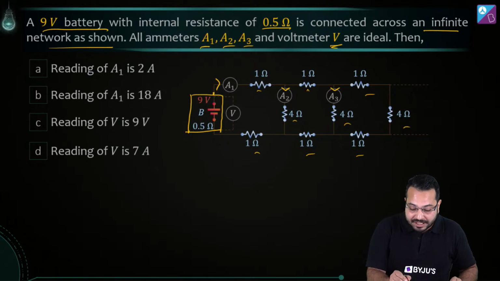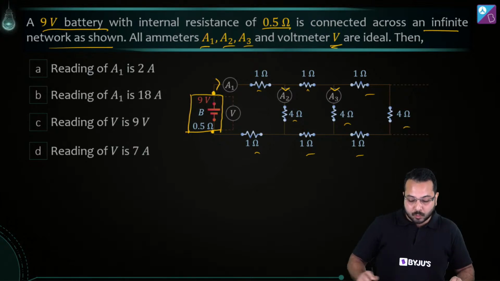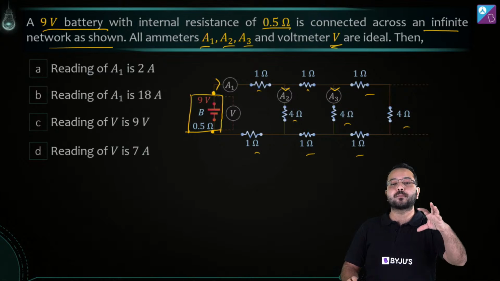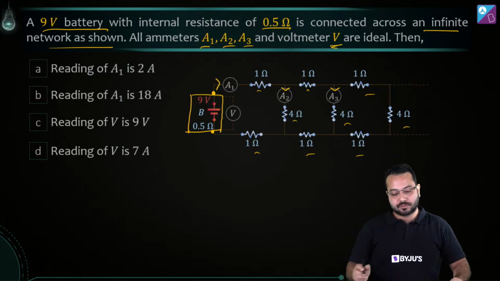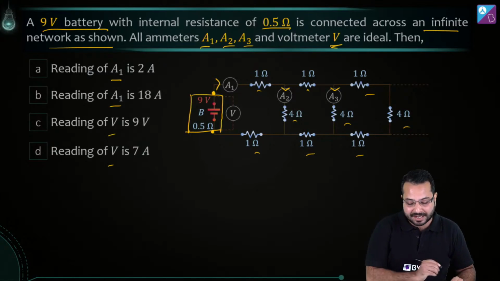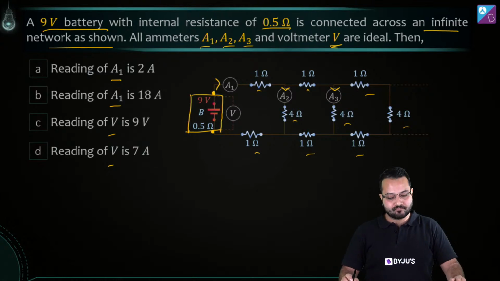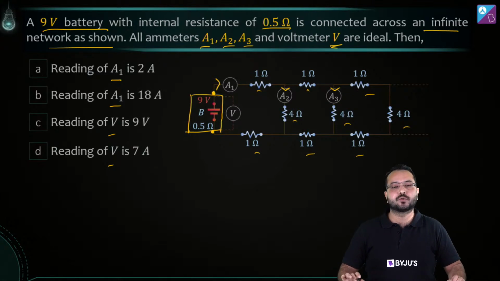So this potential difference that we are talking about is for the entire battery, which includes the internal resistance. So we have to basically find out what is the terminal potential. Is that correct? Alright, so what do we need to find out? We need to find out the value of A1 and the value of V. Is the question absolutely clear?